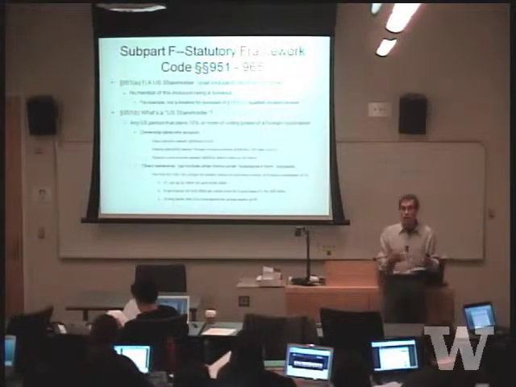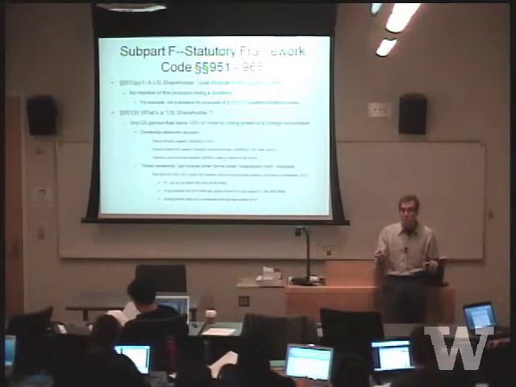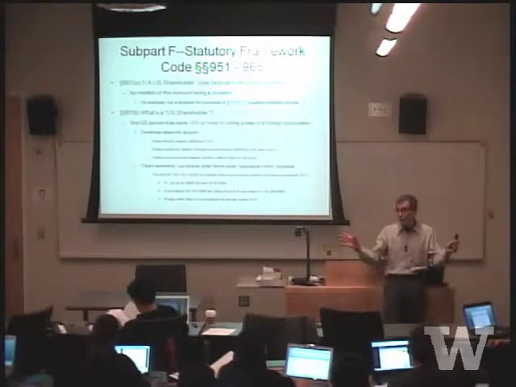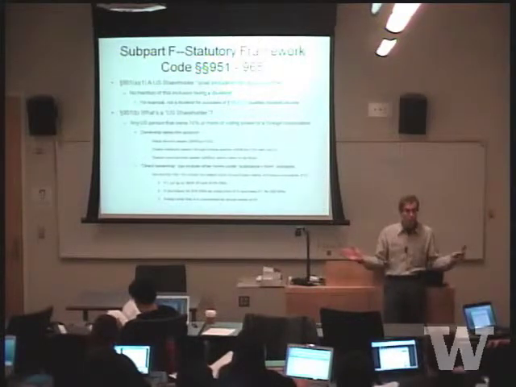And as long as they are not related in some fashion, which under the constructive ownership rules would have to be recognized, as long as you have 11 shareholders, equal amounts, you're out of Subpart F, period.